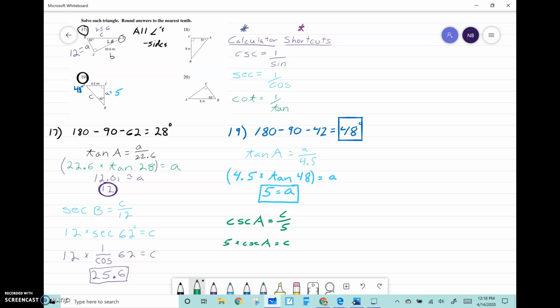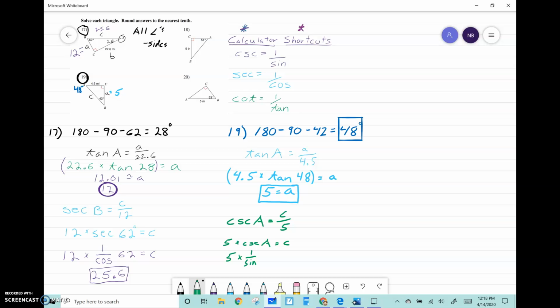But my calculator doesn't have the cosecant button. It just has sine, cosine, and tangent. So what I'm going to do is take the shortcut, and I'm going to say 5 times, our shortcut for cosecant is 1 on top of sine. So 1 over sine.